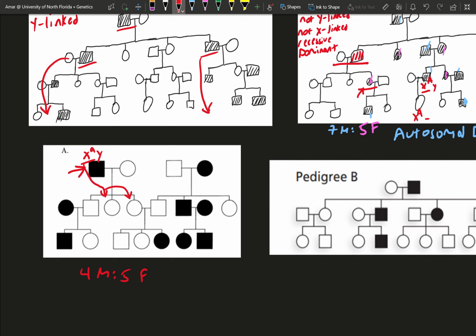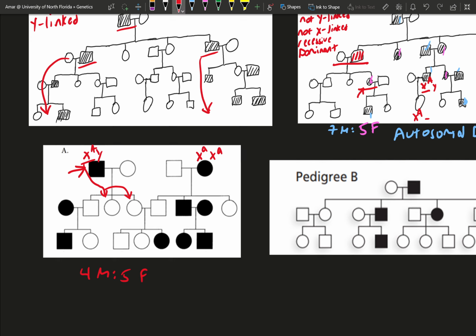Now we can do the exact same thing for the other female on the other side. Let's say that our trait is due to X-linked dominancy. So X big A, X. Apologies, this one would have to be X big A, and this one would have to be X little a.